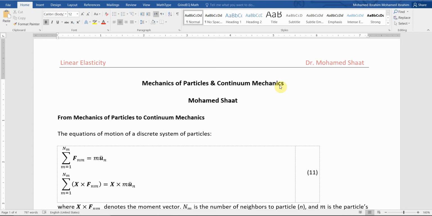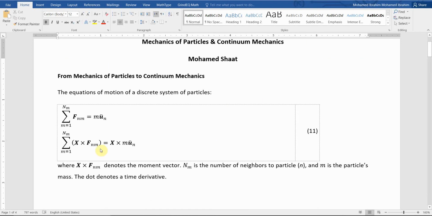Then we moved to the general concept of the mechanics of particles, and we derived the general model of a discrete system of particles. We ended up with two equations that describe the dynamic equilibrium of a particle n that is located within a discrete system of particles.